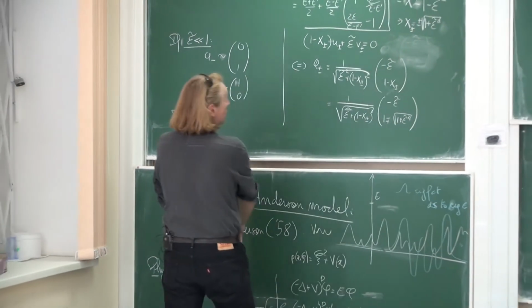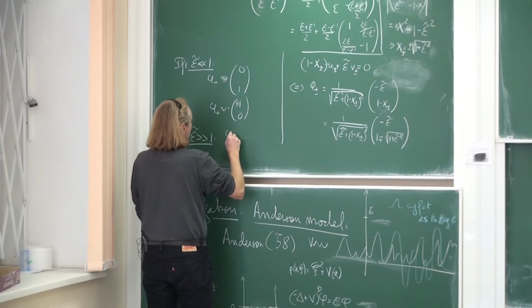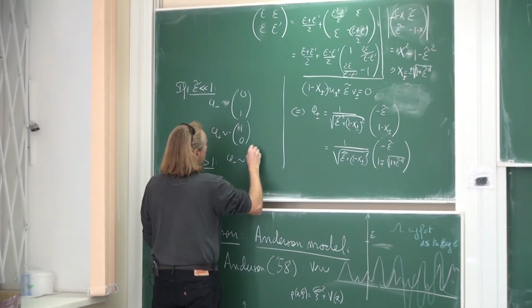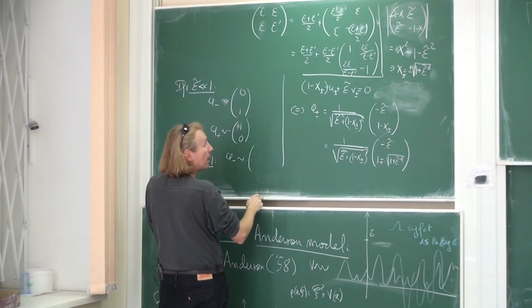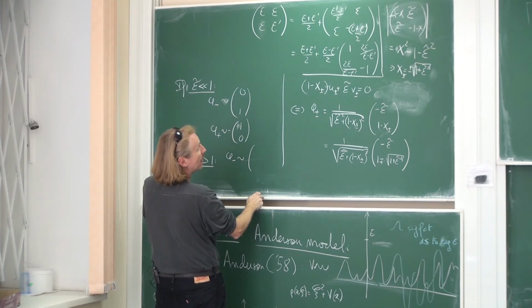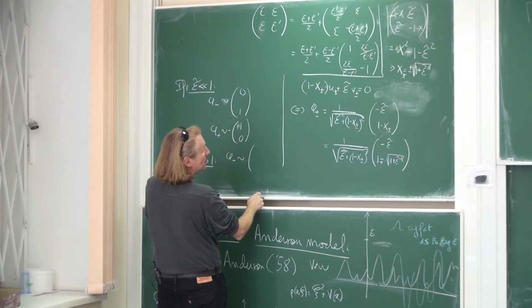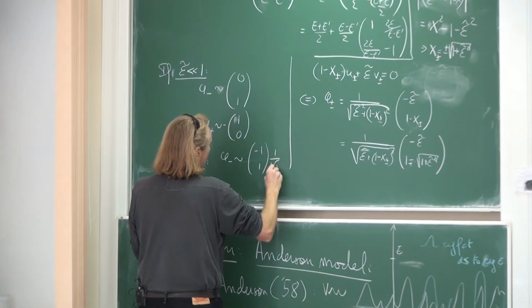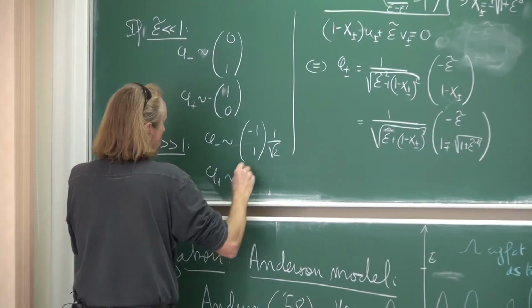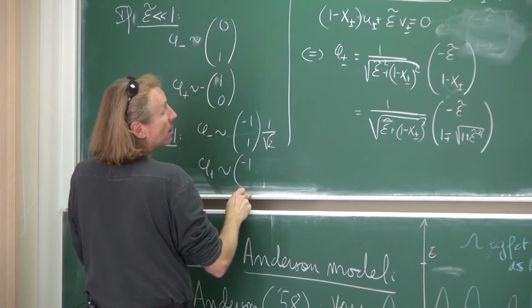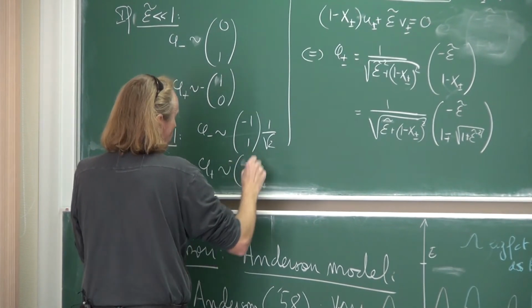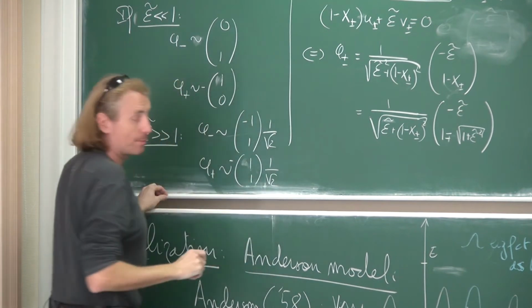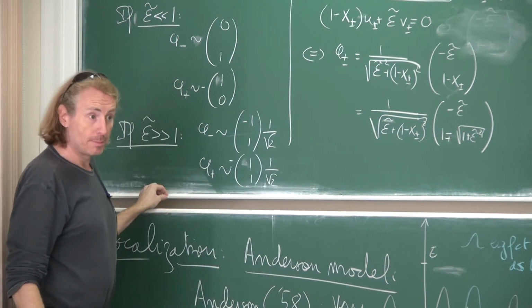And you see that phi minus is going to look like, I took here x minus, so minus 1, 1, 1 over square root of 2, and phi plus is going to look like 1, 1, 1 over square root of 2.